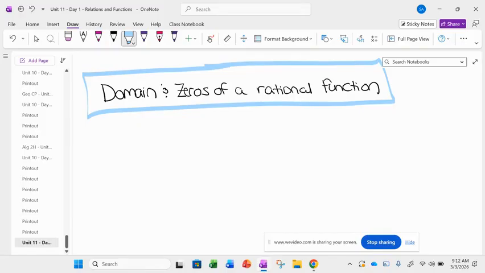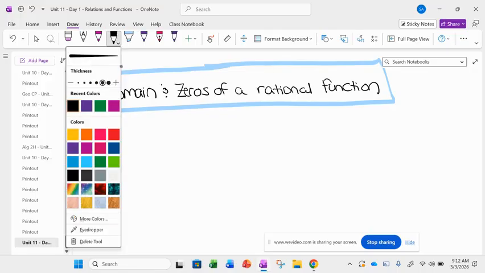Okay, so generally speaking, if I just give you a rational function, our domain will be all real numbers unless there's something that's going to restrict it. So let's talk about that.